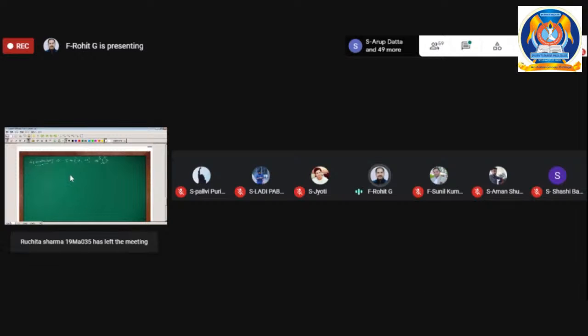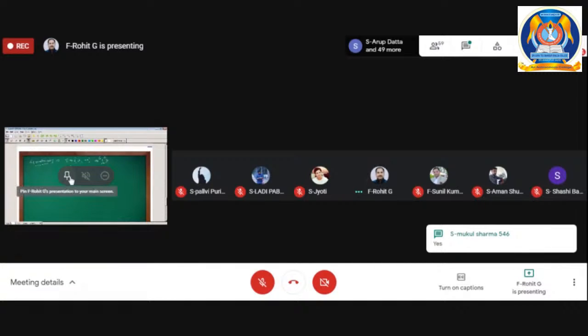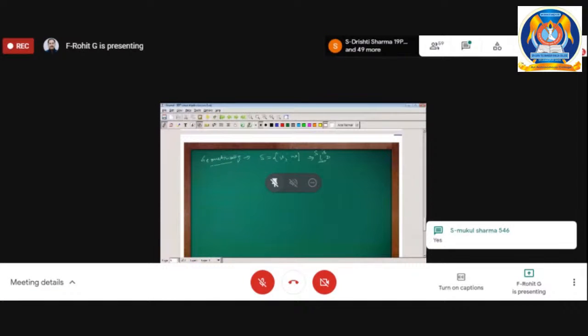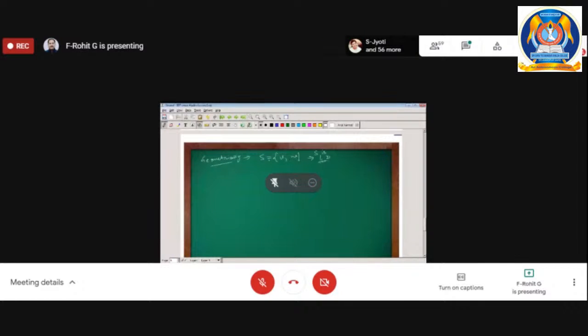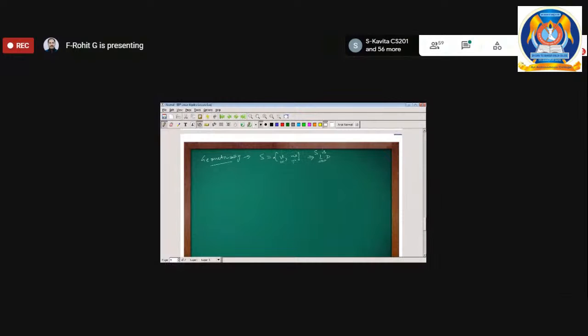Mukul, when S is linearly dependent, both are collinear. Collinear means in the same direction.